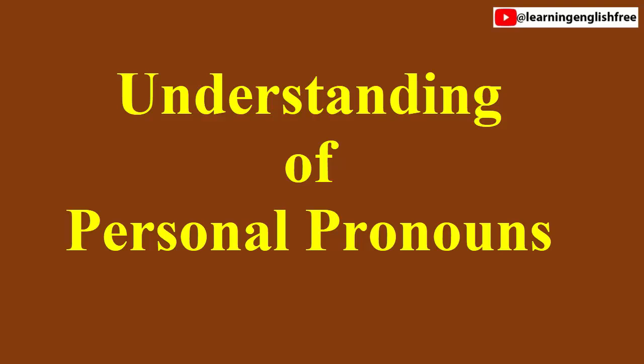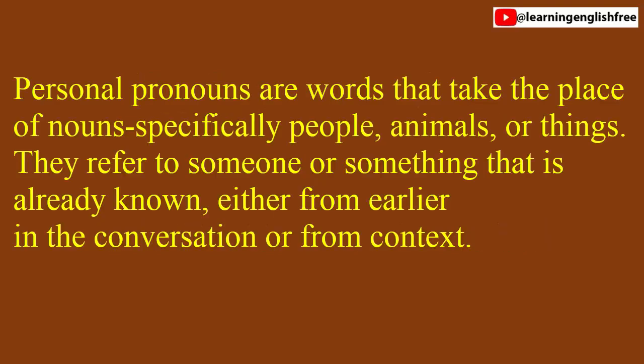Understanding of personal pronouns. Personal pronouns are words that take the place of nouns, specifically people, animals, or things. They refer to someone or something that is already known, either from earlier in the conversation or from context.